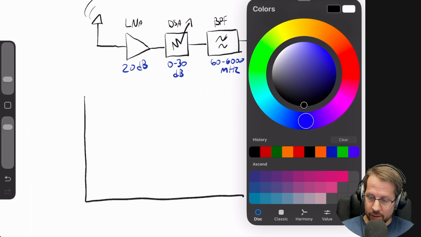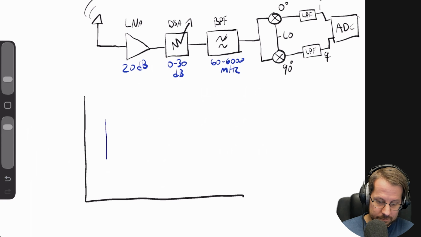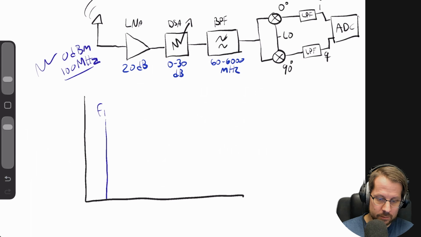Harmonics is fairly simple. You have a signal, F1 here, this is the signal, 0 dBm at 100 megahertz.